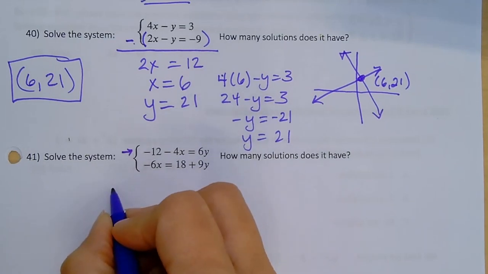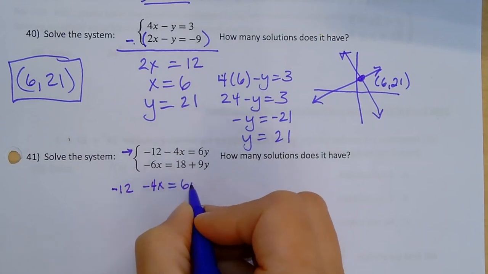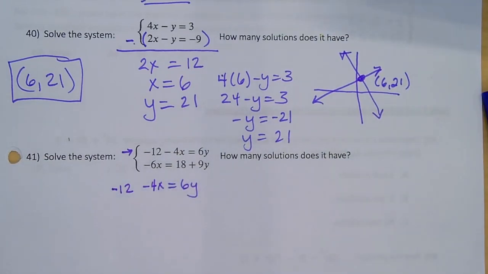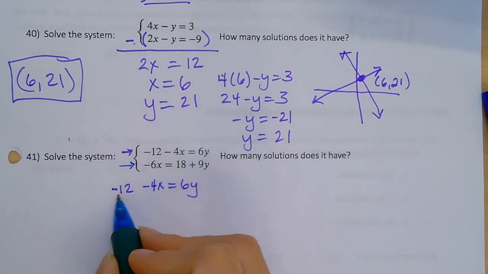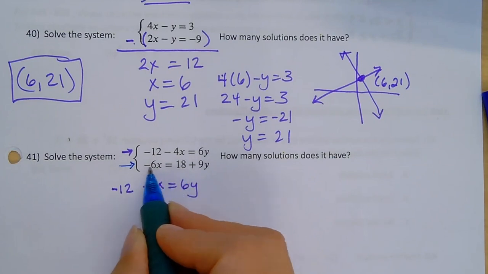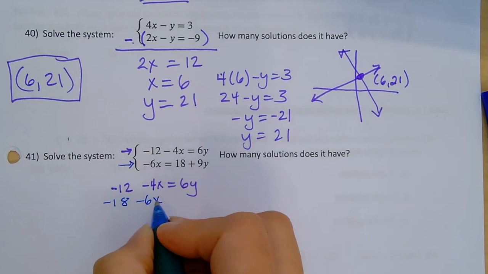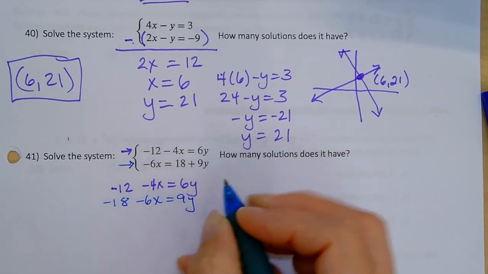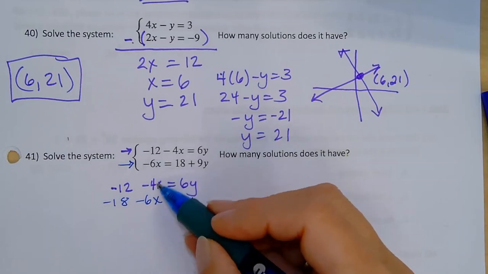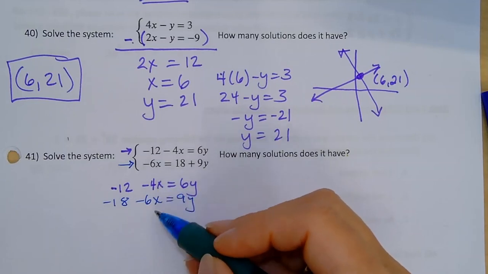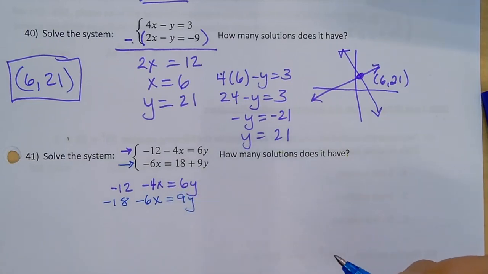I'll leave it as negative 12 minus 4x equals 6y. I just need to make sure I have the second equation in the same order. I have to subtract 18 from each side, right? Minus 6x equals 9y. Notice that I am aligned so that my constants are one on top of the other, my x variables are aligned, my equal sign is aligned, and my y variables are aligned.